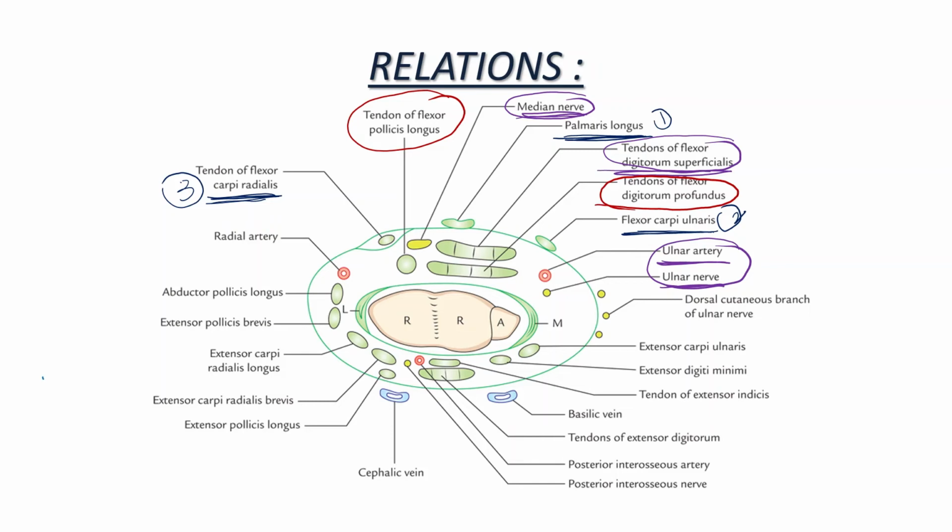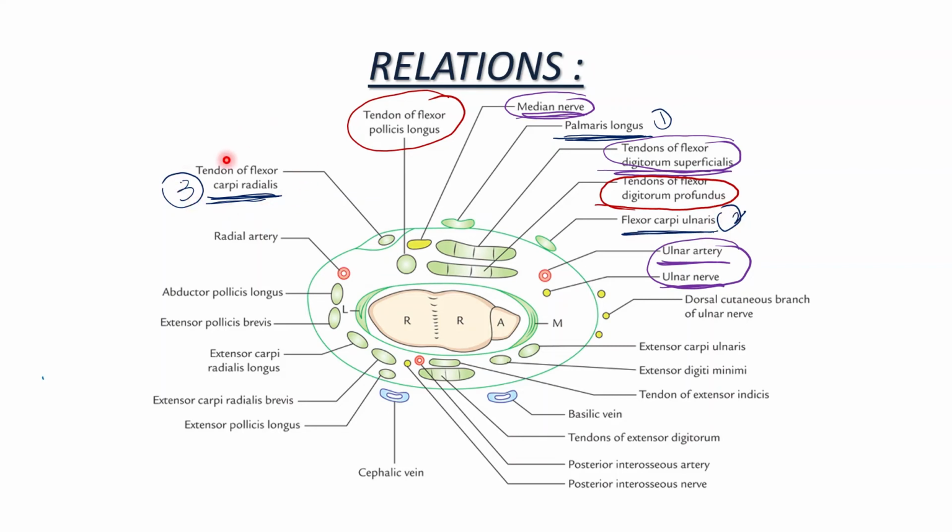I repeat, the anterior relations of the wrist joint are arranged in three planes: superficial, middle or intermediate, and the deeper plane. In the superficial plane, the anterior relation is contributed by the palmaris longus, the flexor carpi ulnaris, and the flexor carpi radialis.